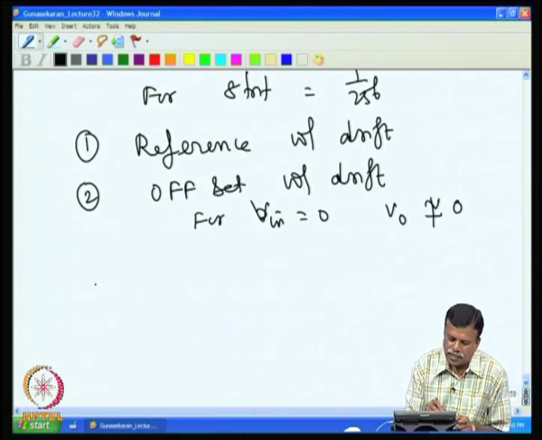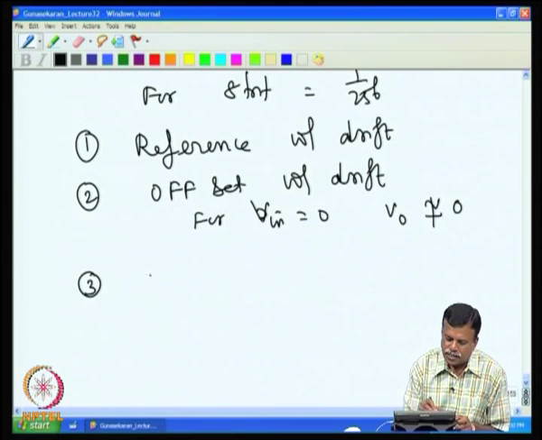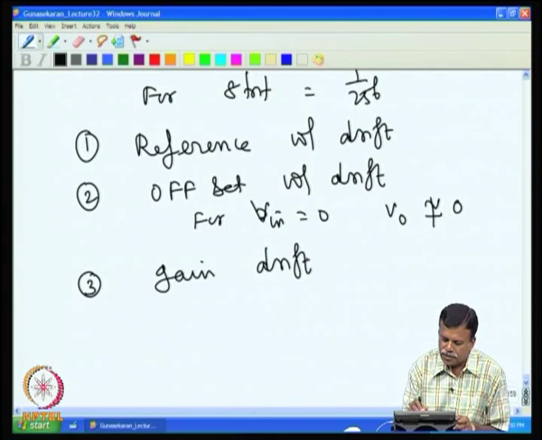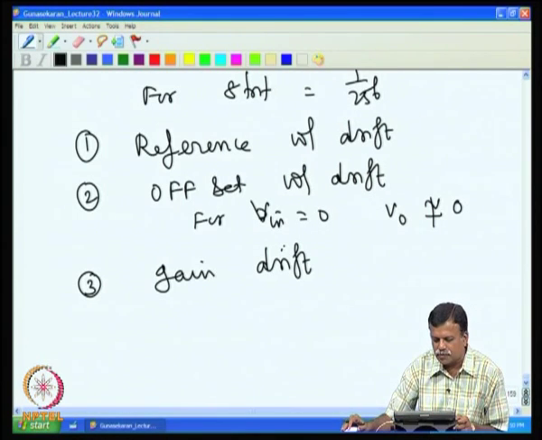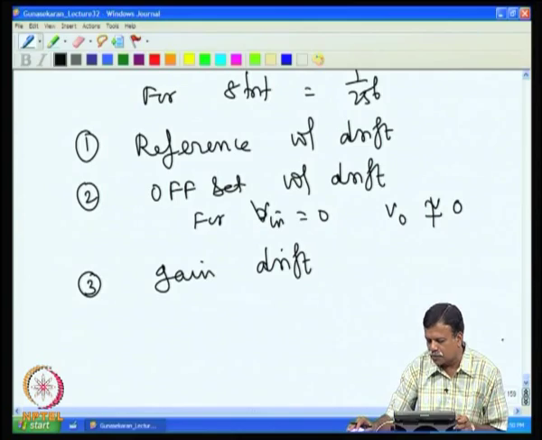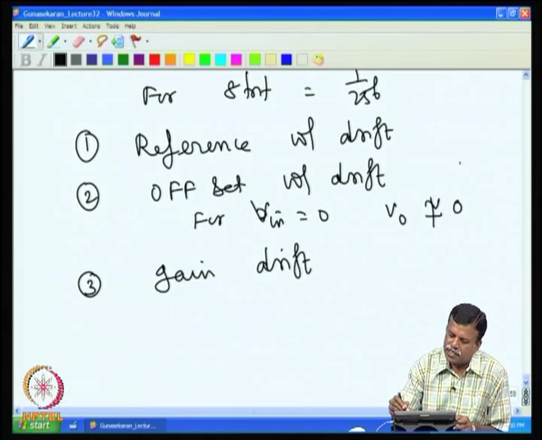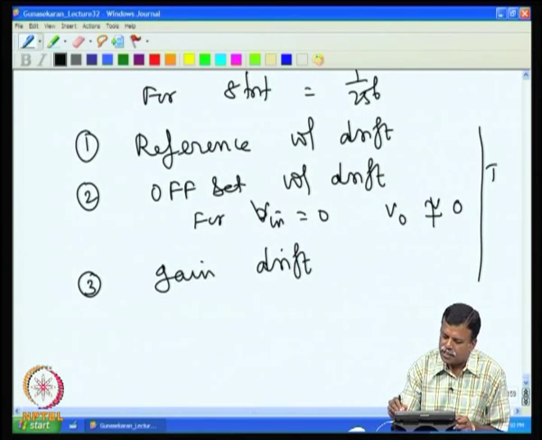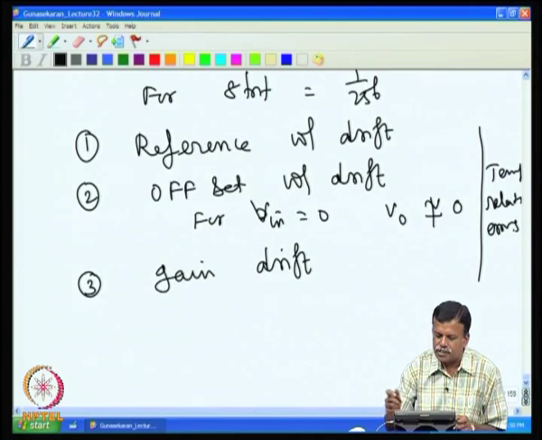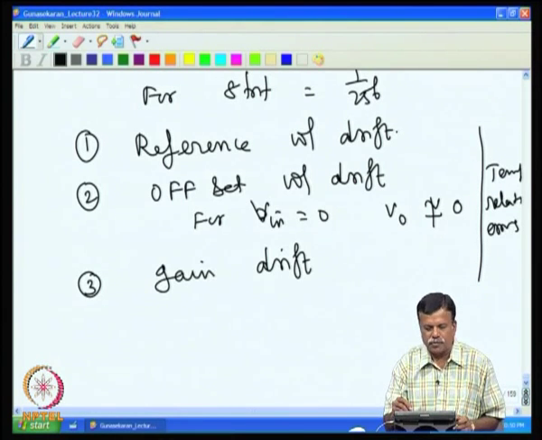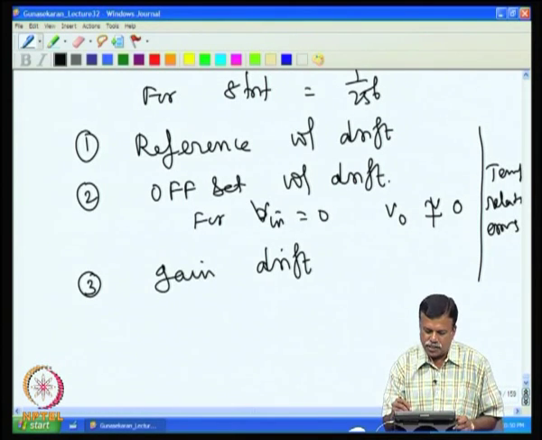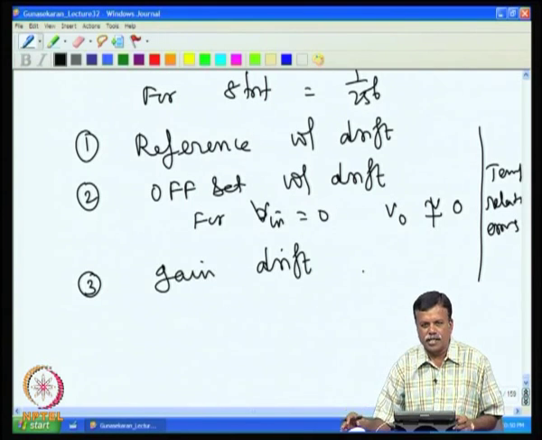Then the third error is gain drift. The gain of the ADC also changes with temperature. So, these are all temperature related errors. That is, when temperature changes, the reference voltage drifts and that produces error in the output, the offset voltage drifts and then the gain also drifts, and they produce a temperature related error.